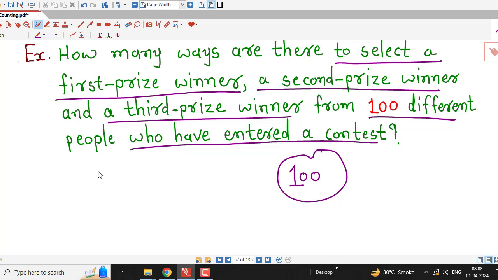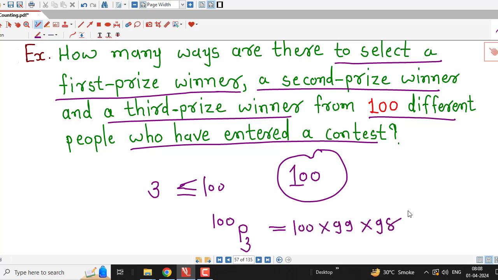So in this problem we have to consider ordered selection, and we have to select 3 prize winners out of 100 total persons. So we have to find 100P3, and that is given by 100 times 99 times 98.